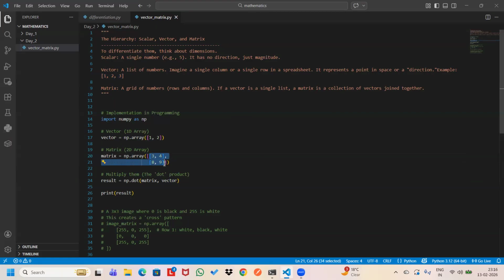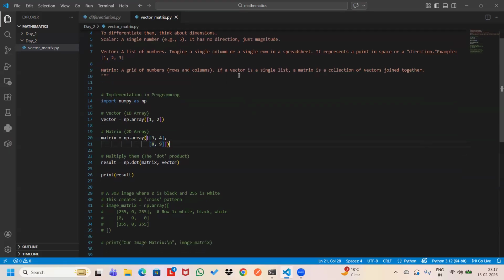This is one vector, this is another vector, and if I take these two vectors line by line, then it would be considered as matrix. So if a vector is a single list, a matrix is a collection of vectors joined together. This is actually the matrix.